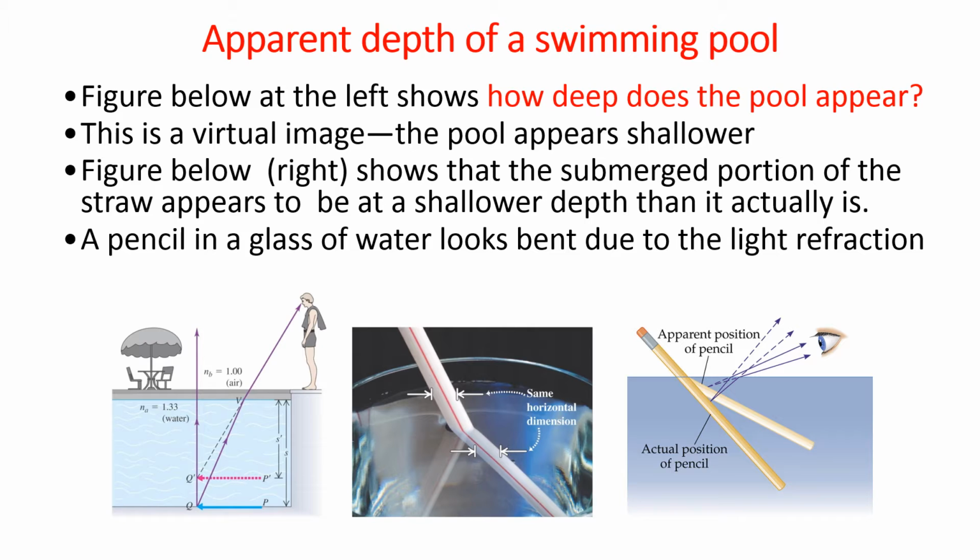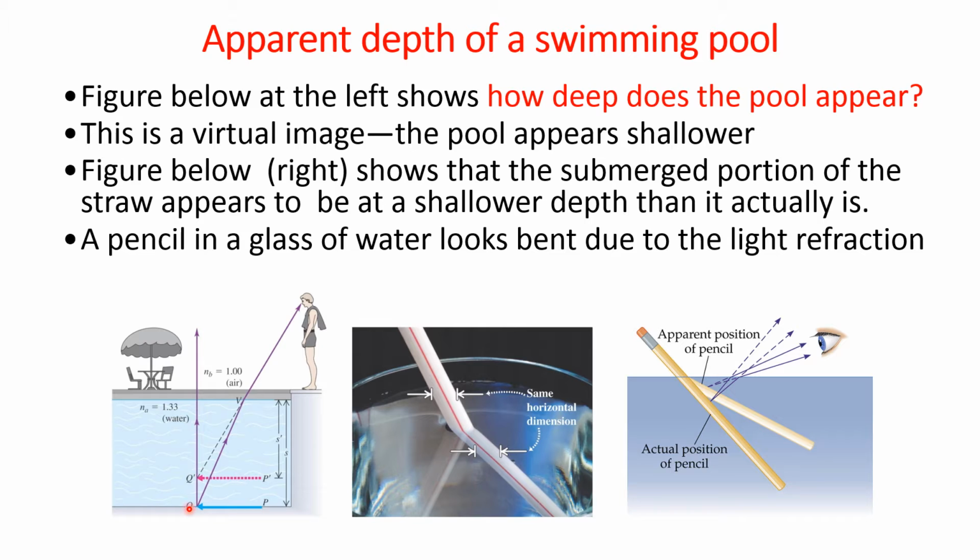Here, if you drop, let us say, a coin to the bottom of a swimming pool, and you try to observe where your coin is positioned, the coin appears shallower. This S prime is what you call the apparent depth of the object in water, and S is the real depth of the object in water. This is because of refraction of light.